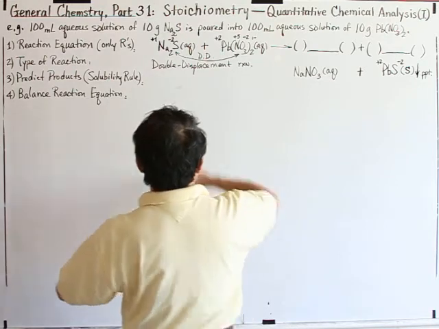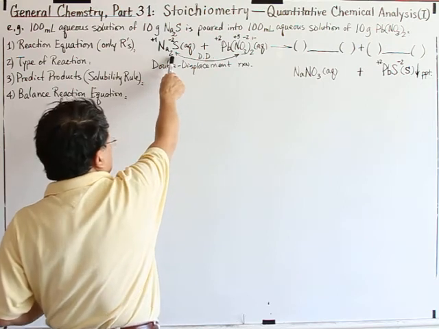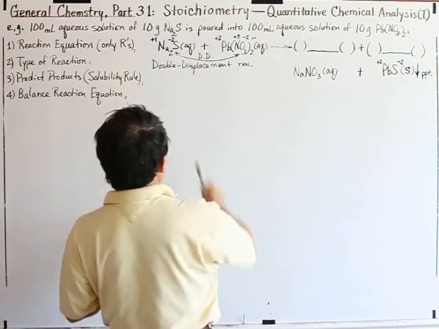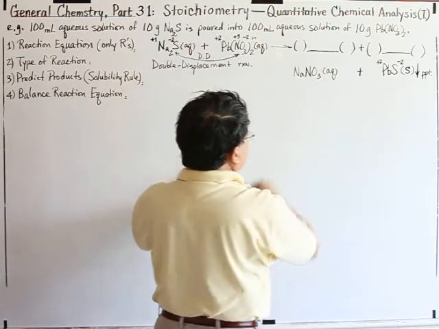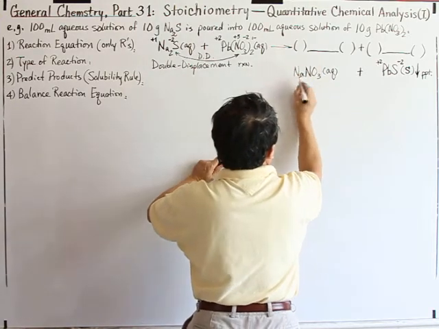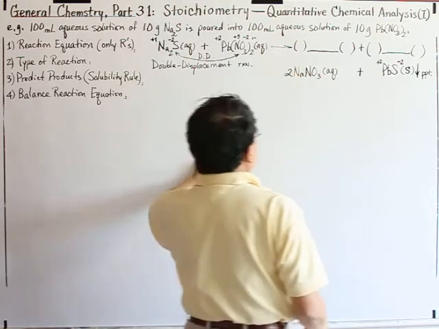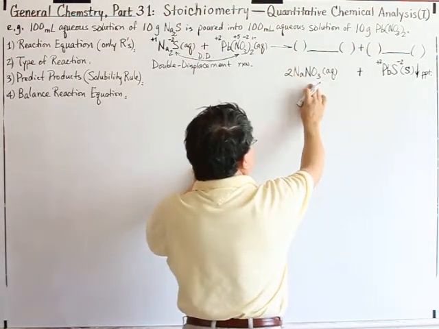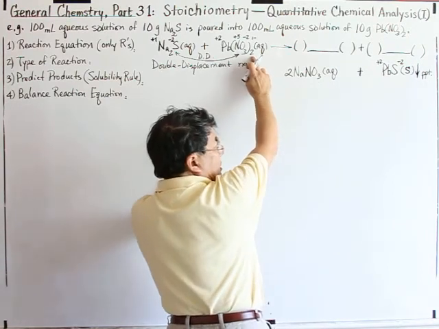So what happened? Sodium, you got 2 right here, subscript 2, because sulfide is -2. So you have a 2 here and only 1 here. So you double this, right? But when you double this, you double the nitrate as well. Fortunately, we already have 2 nitrates here in the lead nitrate.